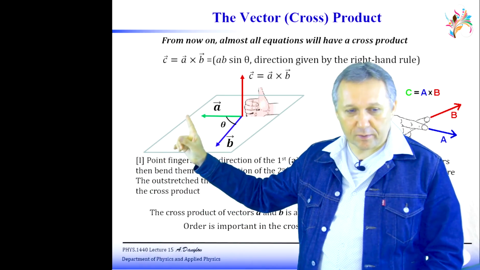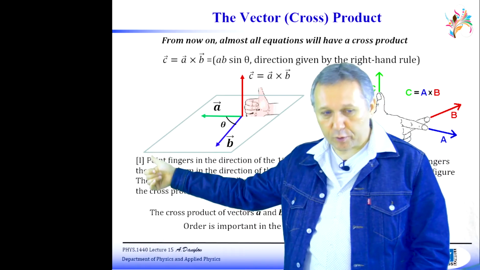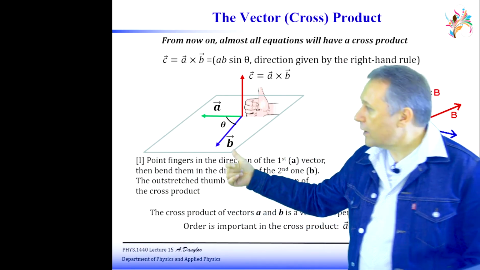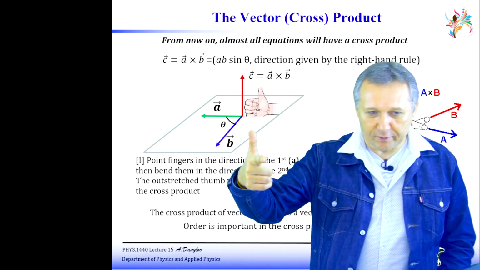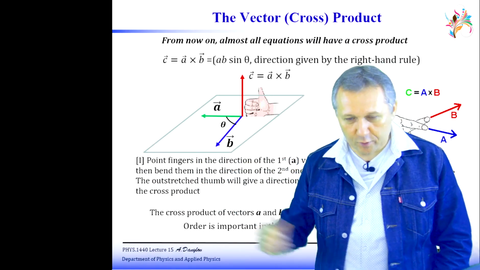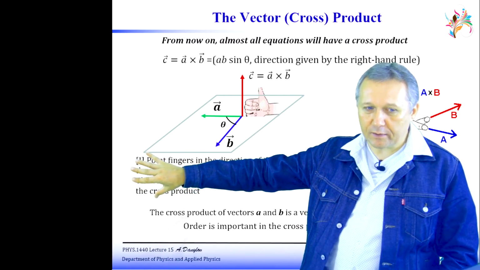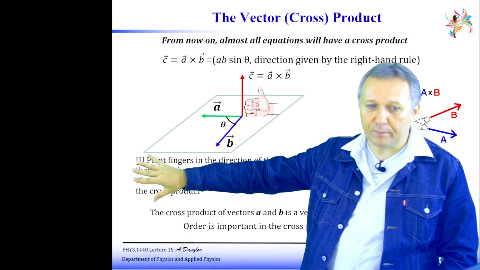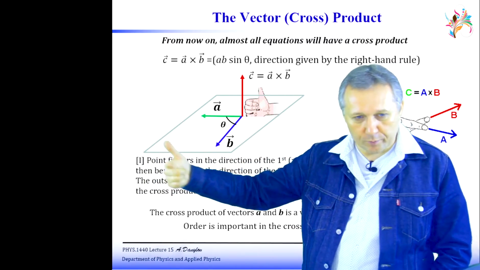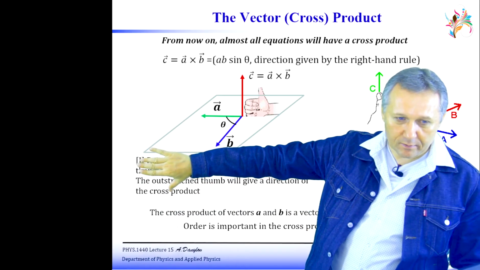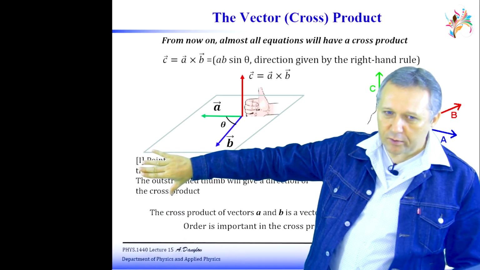Vector B in this cross product points away from the screen towards you. So after aligning my hand along vector A, I need to orient it in such a way that I can naturally bend my fingers towards you. If I position my hand, for example, like this, I cannot naturally bend my fingers.